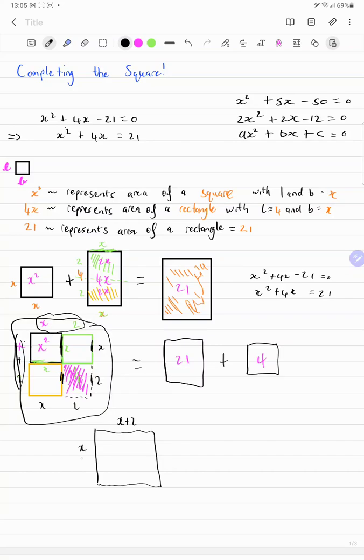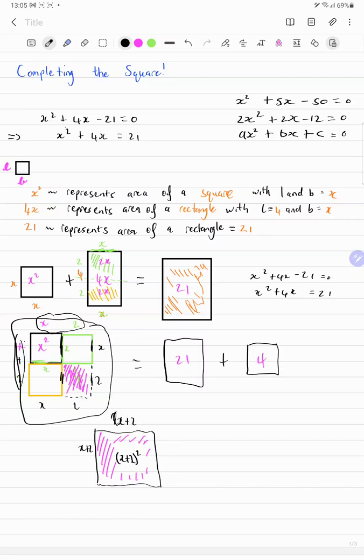So we'll have x plus 2 on the side, and of course this thing would have an area of, you guys guessed it, x plus 2 squared, because it's a perfect square in terms of x plus 2.